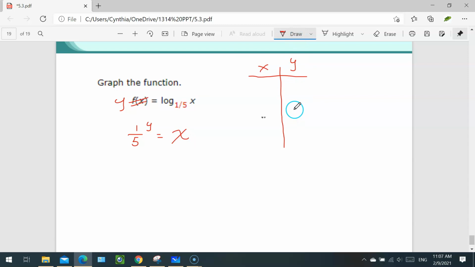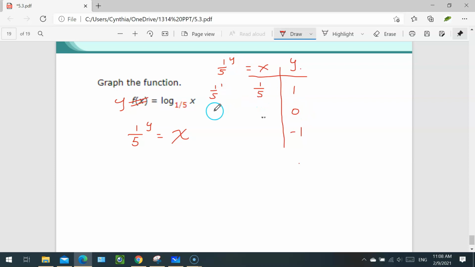We start from y, because y is the power, and that's the easier way to work out x. So we can let y equal 0, we can let y equal 1, and we can let y equal negative 1. Then we go back to solve for x. x equals (1/5) to the power y. When y equals 1, we get 1/5 to the power 1, so it stays 1/5.